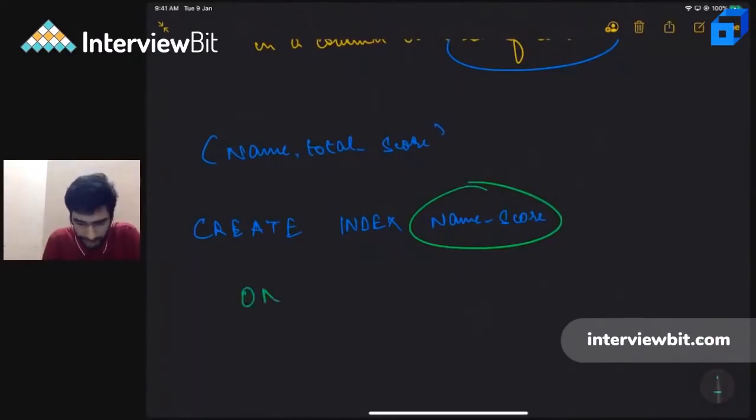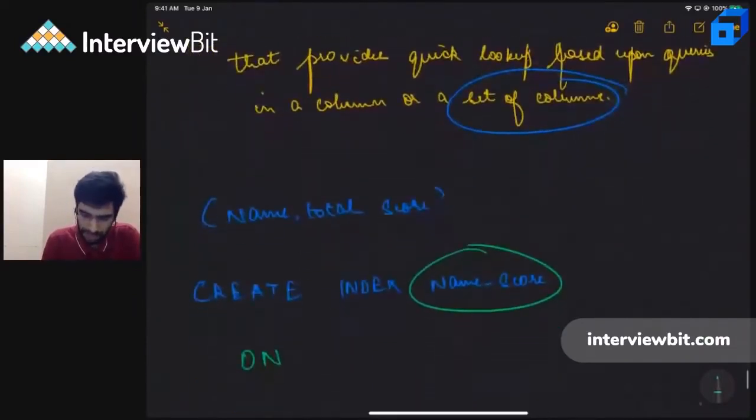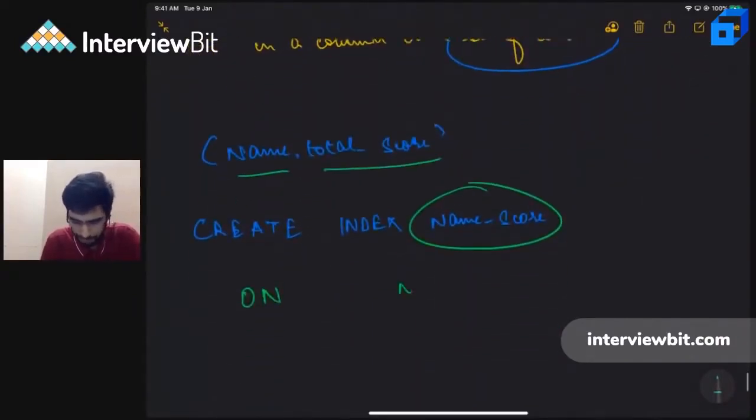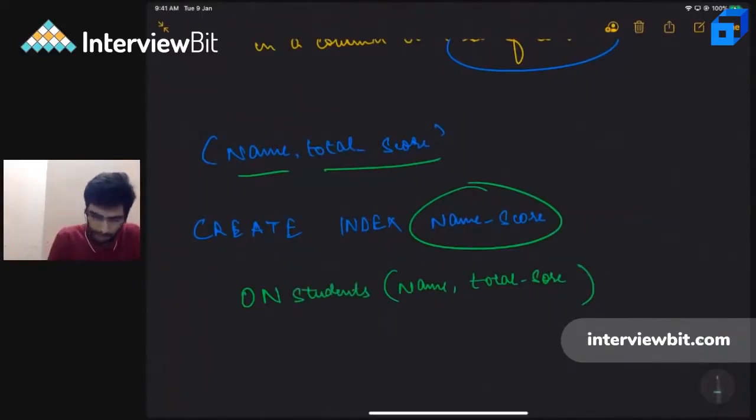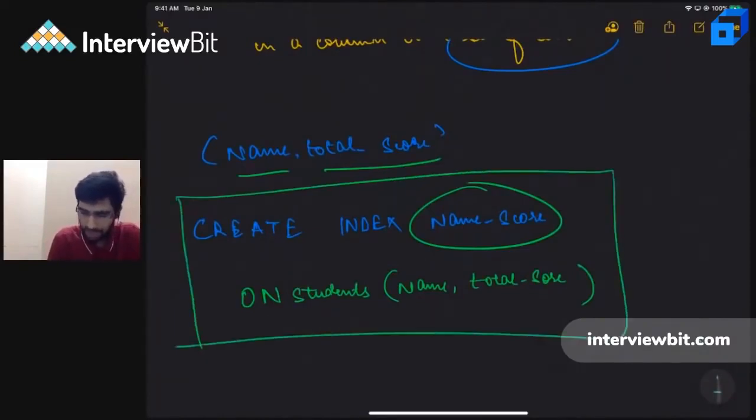So I'm creating that index upon the columns name and total score, but these columns can be present in a large number of tables, right? How to decide which table I'm talking about? So I also need to mention the table. I will say on students name and total score. If I run this particular query, it will create an index upon these two columns.